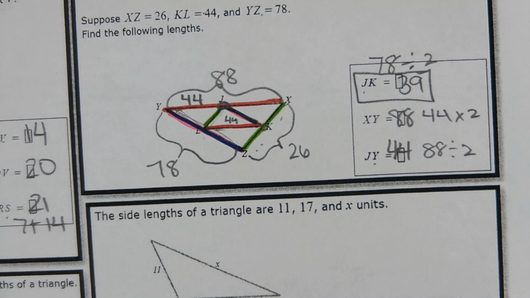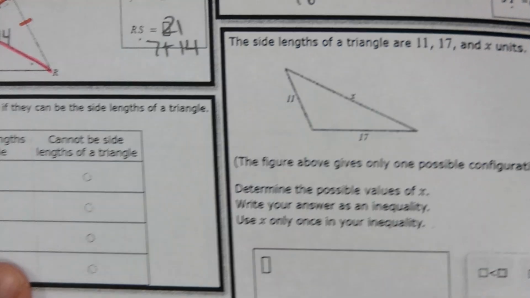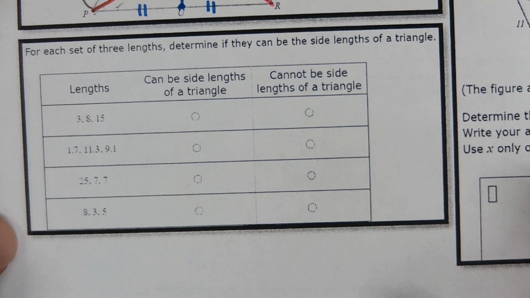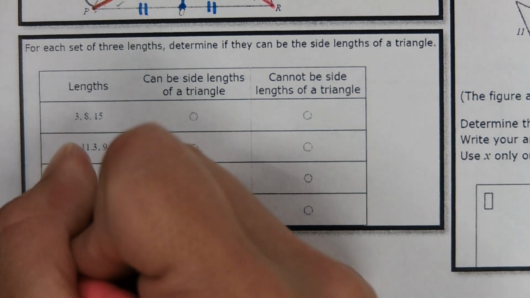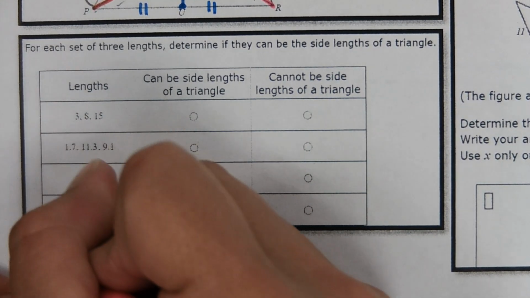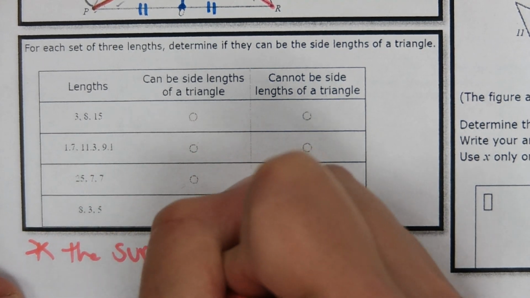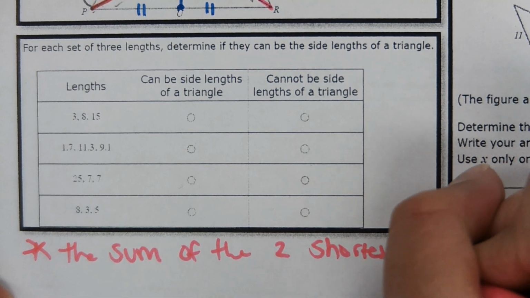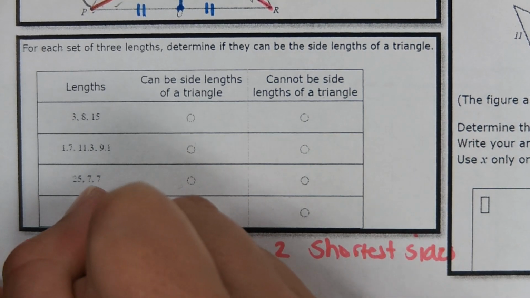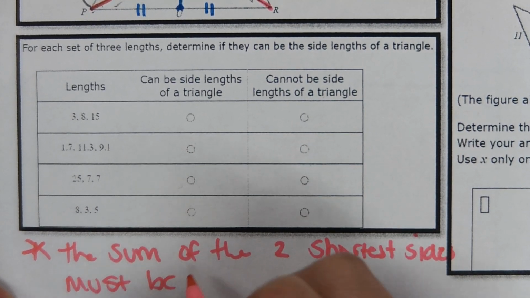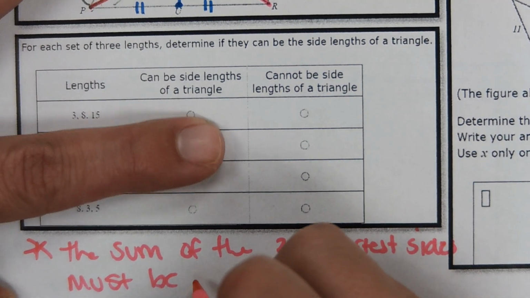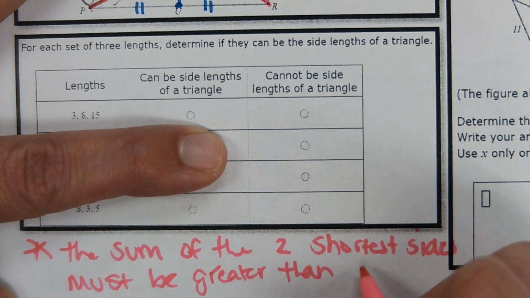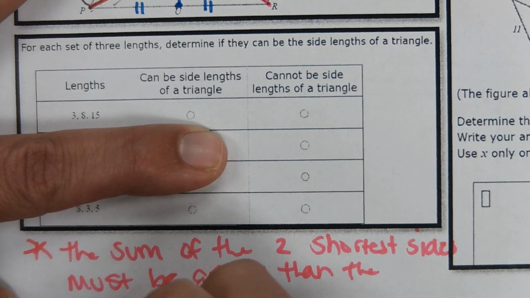Okay, and then from here, let's go down to this. For each set, 3 lengths determine if they can be the side lengths of a triangle. So what do we need to know for this? We need to know that the sum of the 2 shortest sides must be greater than the longest side.